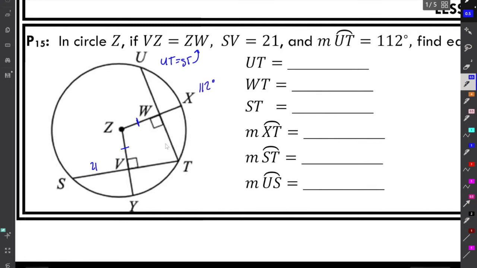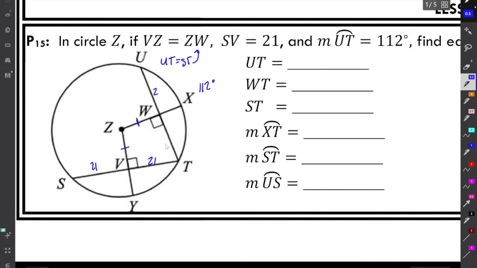There's a couple things I see here. Since I know UT and ST are congruent, also I see these little right angles here. When a radius is perpendicular to a chord, that means it's bisecting it. So this also has to be 21, and then ST together would be 42.